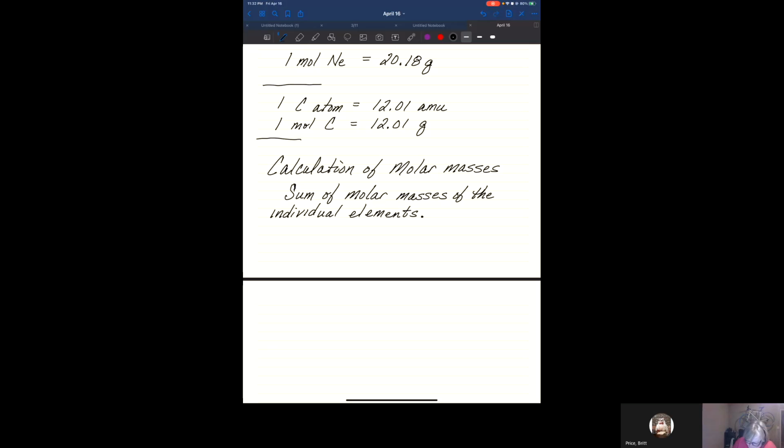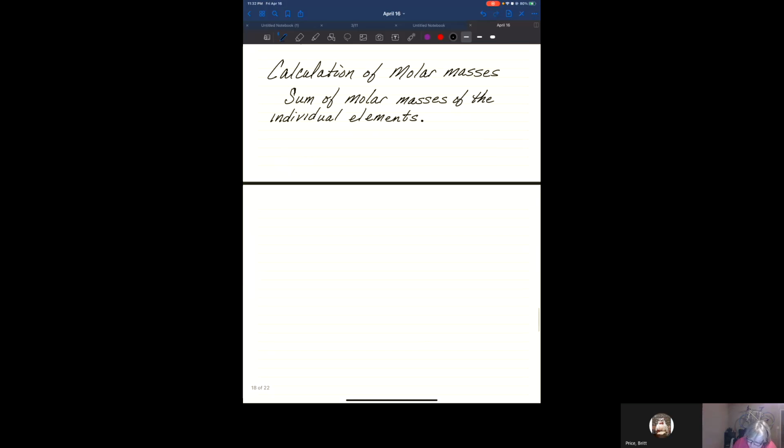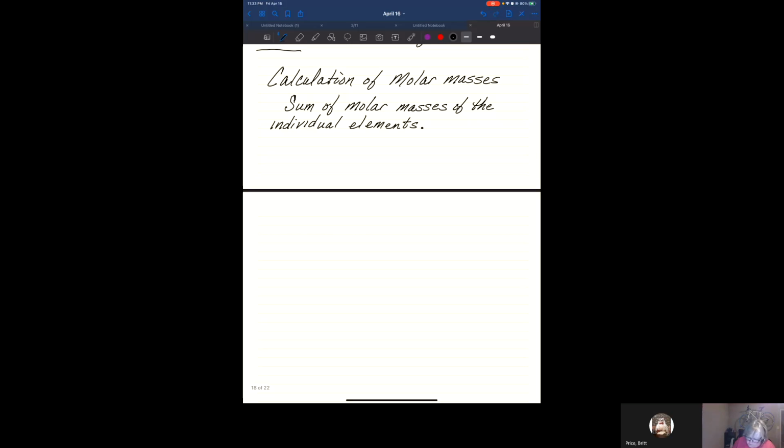Okay, so now let's break this down a little bit, because you've done all of this before. This is just adding one little piece to interpretation of a chemical formula.